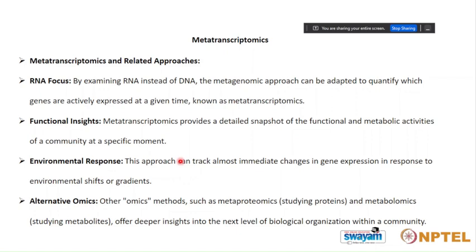What are the metabolic changes happening if we change the microenvironment where the microbial communities are present. So that is one application, and like other omic based approaches like proteomics and metabolomics can also offer deeper insights. As we are specifically targeting the functional proteins and metabolites, it can also give deeper insights about the microbial community.